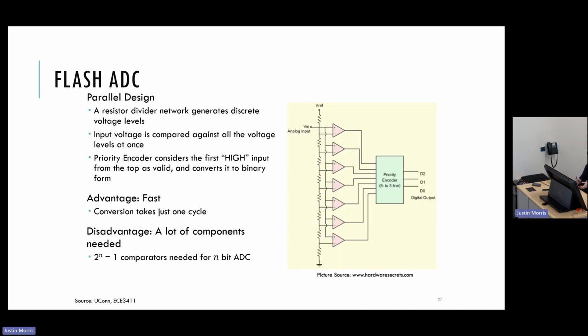All right, so here is an example of an analog to digital converter. So this is a flash ADC. It is a parallel design. And one of the advantages is that it is very fast because the conversion just takes 1 cycle.